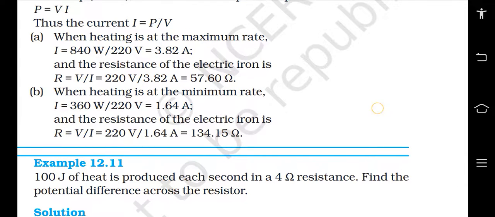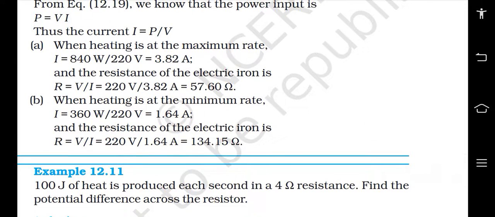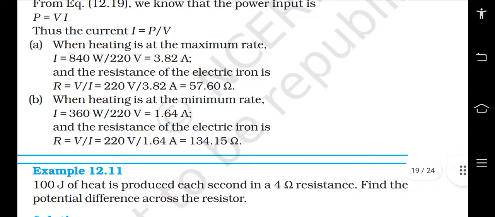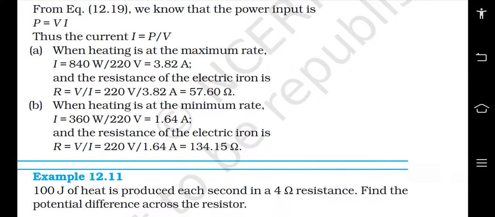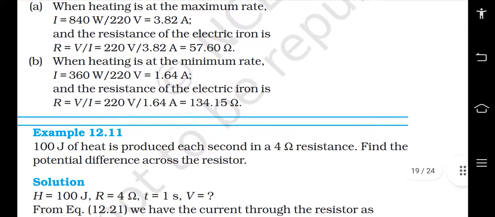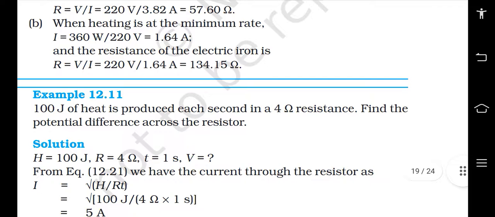In this question, P divided by V we are taking as I. And resistance: we know resistance is V by I. V already we know, 220. I is 3.82. That gives 57.60 ohm resistance. And in the next case, 220 divided by 1.64, that is 134.15 ohm resistance we are getting.